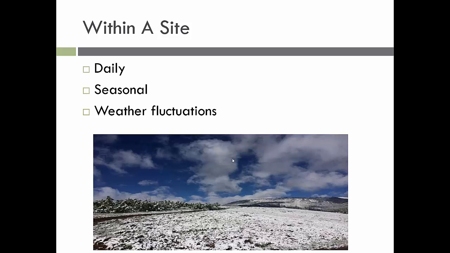We also see this as weather fluctuates. This is a picture taken in Wyoming during the middle of June. The week beforehand, it was 75 and sunny, and the week later, it snowed about 3 inches overnight and was below 30. So these weather fluctuations are going to influence what's available, the growing space.